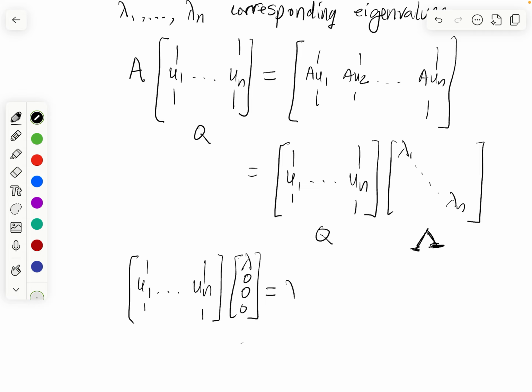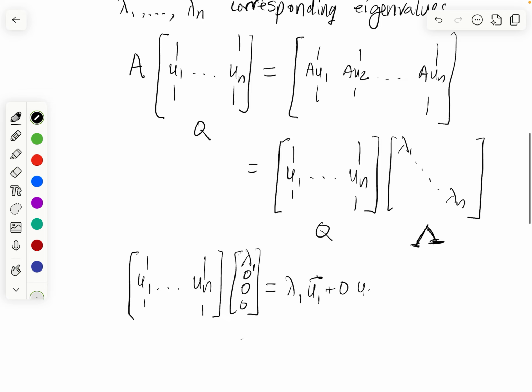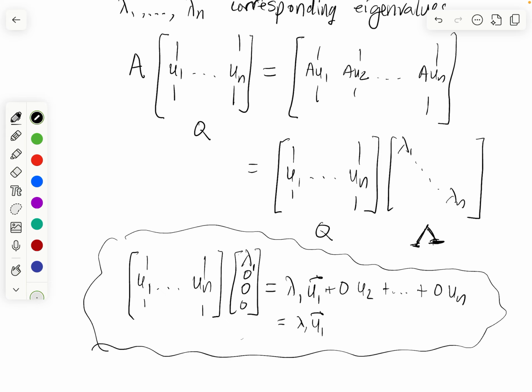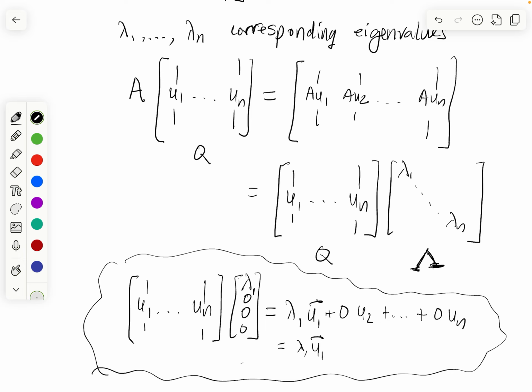So it's lambda 1 times u1, plus 0 times u2, plus dot dot dot, plus 0 times un. So you're just going to get lambda 1 times u1. That's just a review. And why are these matrices equal? Why is this matrix equal to this matrix?